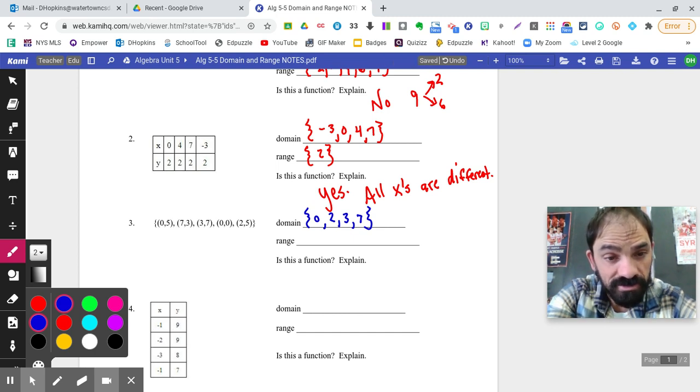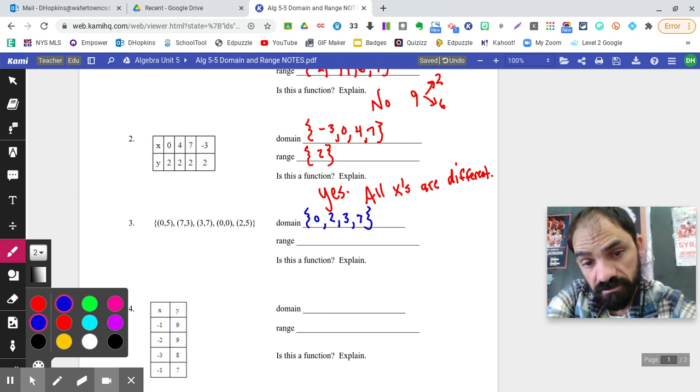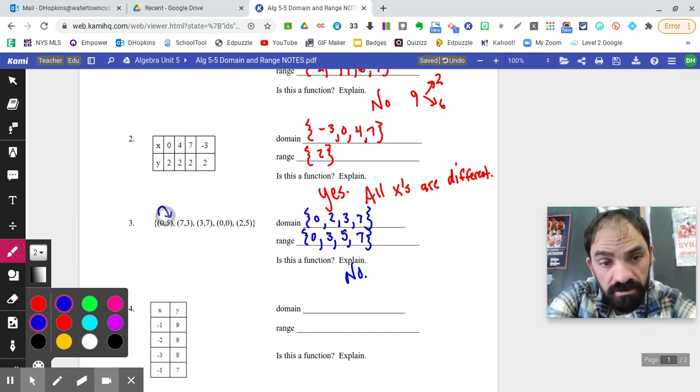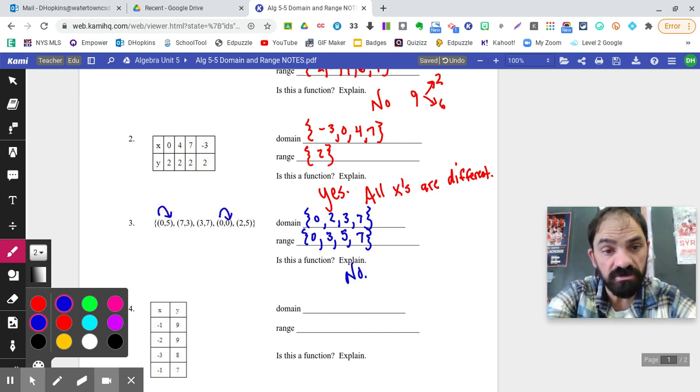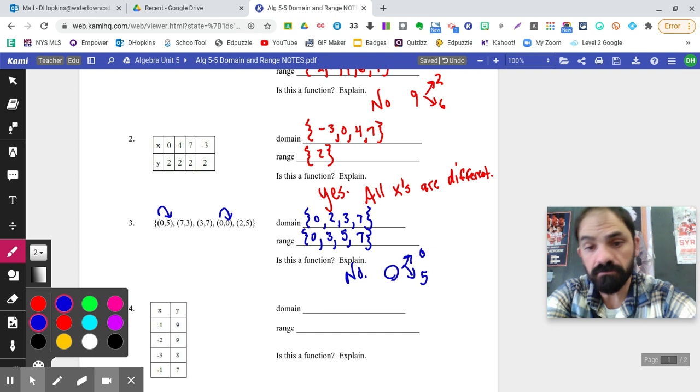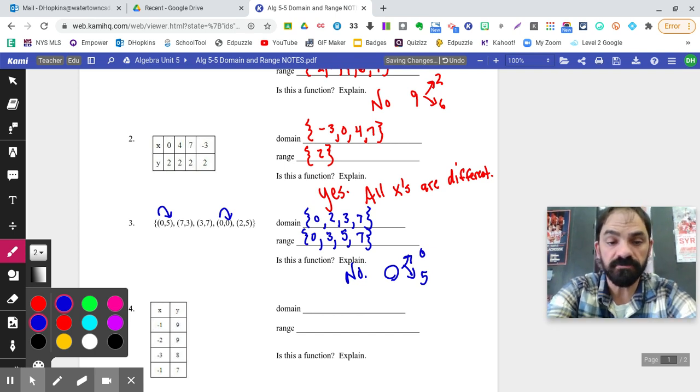So 0, 3, 5, 7. The answer is no, it's not a function because 0 goes to 5 and 0 goes to 0. It goes to two different numbers.